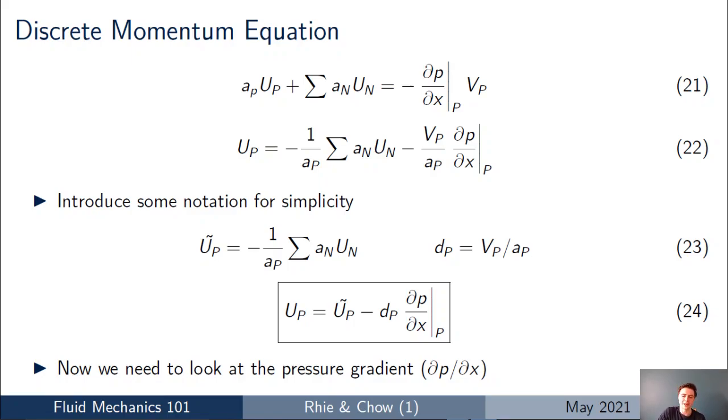We're going to call that UP tilde, and the little squiggle on top is a tilde, because you can see that that term still has the units of velocity, and so in some way it represents a velocity. And then the other term which we're going to simplify is VP divided by AP, which you can see there in equation 22. This is often called dP. So this is some coefficient which is equal to the volume of the cell that we're considering divided by that coefficient AP for convection and diffusion.